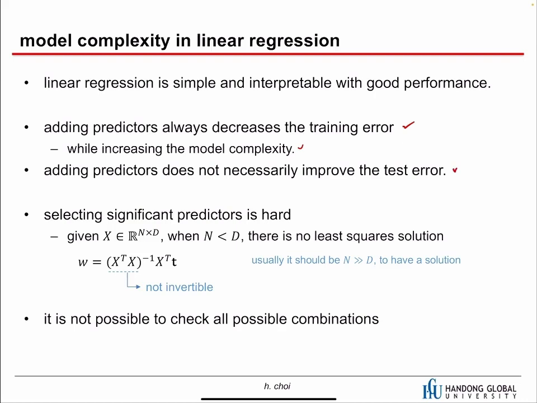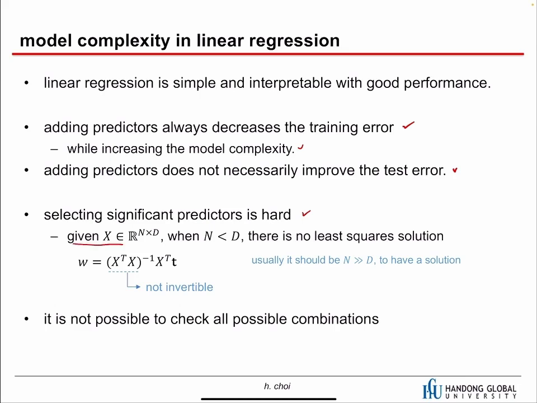Okay, and selecting significant predictors is hard. When we have a lot of features and predictors, which ones are important and significant to predict the output? It's not easy to select the significant predictors.